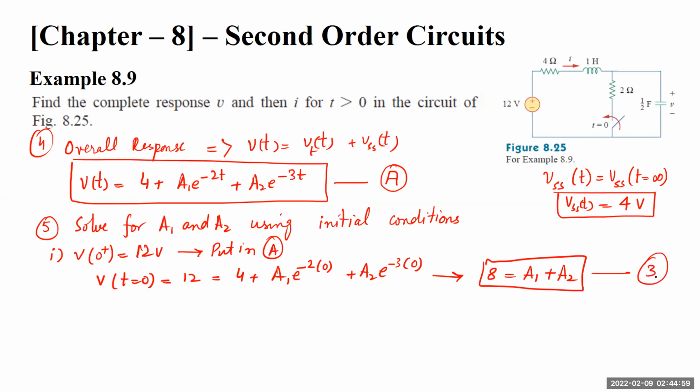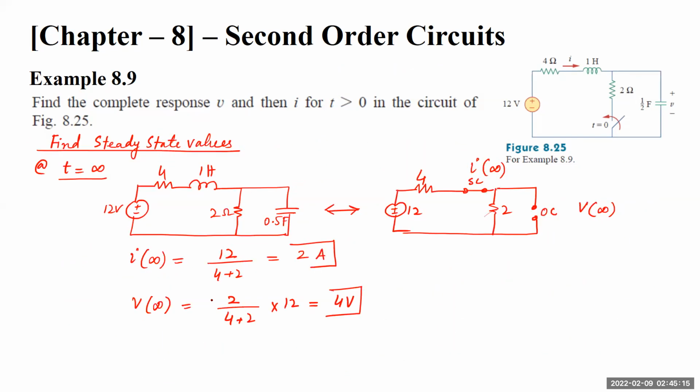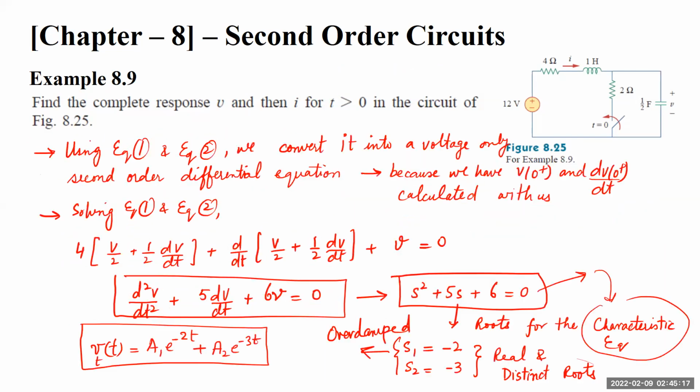I call this my equation number 3. Then I use dV at 0 positive by dt, which was equal to minus 12 volts per second, if I'm not mistaken. Let's check. Yes, minus 12 volts per second.